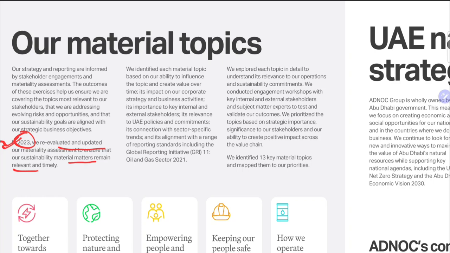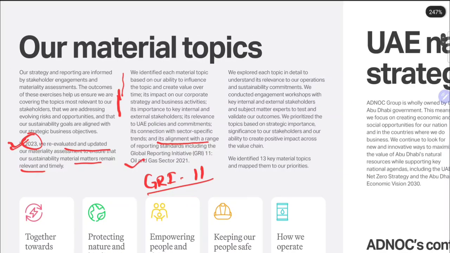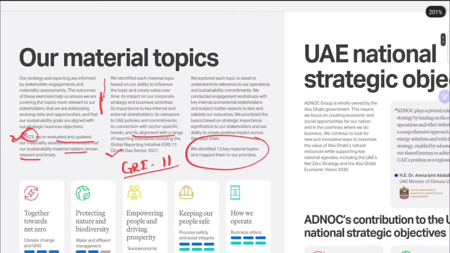Then we identify each materiality topic based on the ability to influence the topic and create value over time, its impact on our corporate strategy and business activities, and its importance to key internal and external stakeholders. This is also aligned with a range of reporting standards including GRI 11, the oil and gas sector standard. The company says that we identified 13 key materiality topics and mapped them with the corporate priorities.